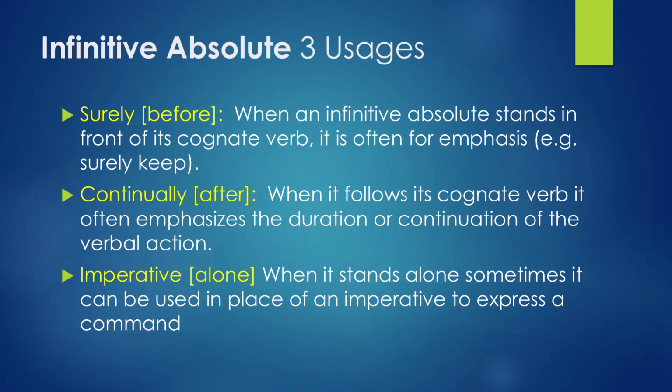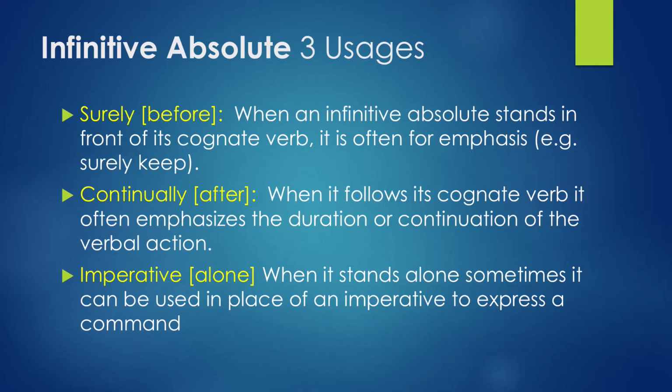So this is what we said on the infinitive absolute. There are three functions. Number one, when an infinitive absolute stands before its cognate verb, the function is that it's emphasizing the verb. So you're going to add surely before the verb: you shall surely die.